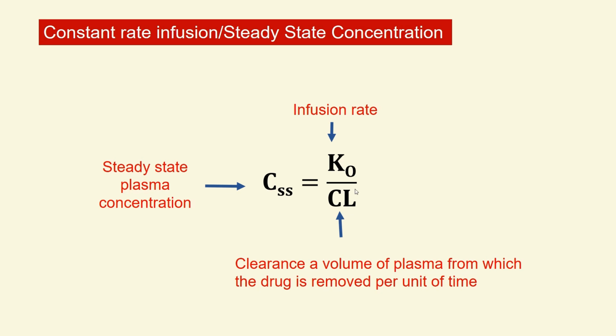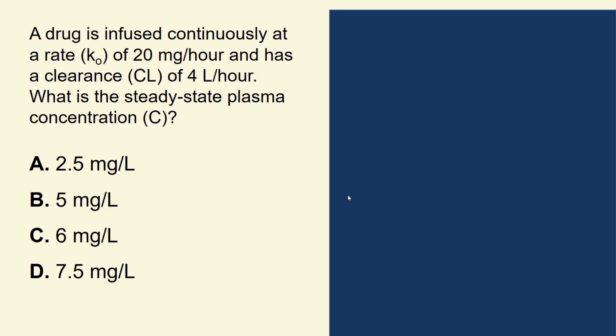And also here alternatively you can calculate a rate of infusion. So rate of infusion can also be calculated by multiplying the steady state concentration with clearance. All right, so here is one question that helps you to figure out how to use this formula.